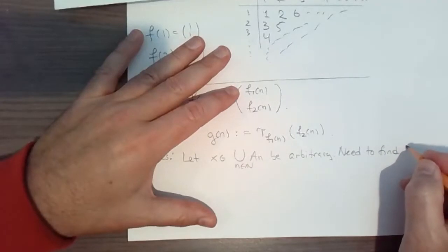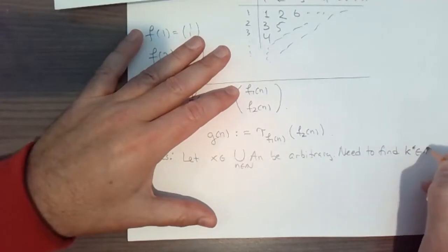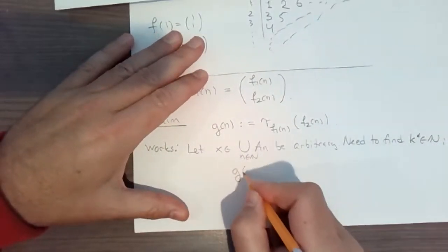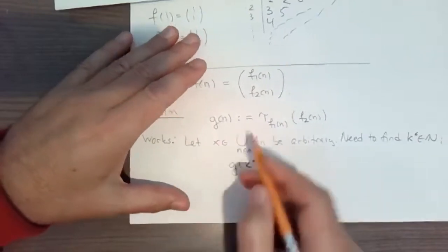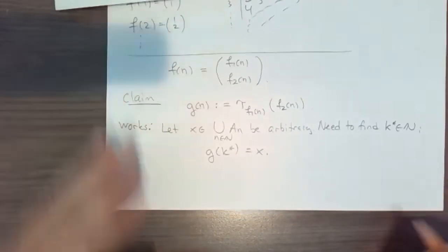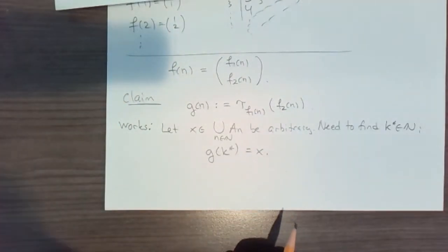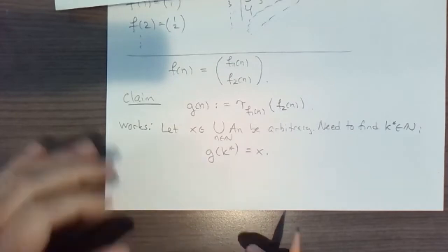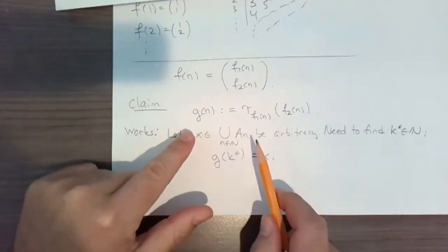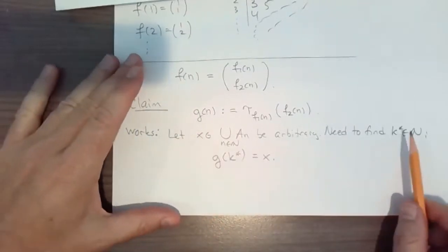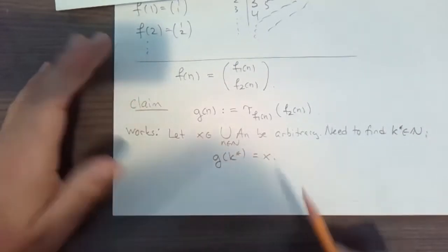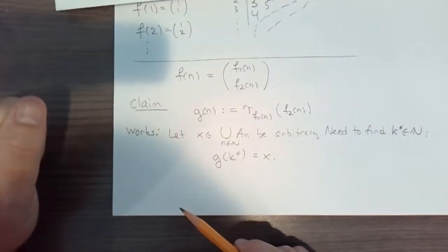I need to find a k star in the natural numbers such that when I stick k star into g, I get exactly x. So pick anything in the codomain, and show you can find something in the domain such that when you stick it into your function, you get exactly that arbitrary thing you started out with in the codomain.